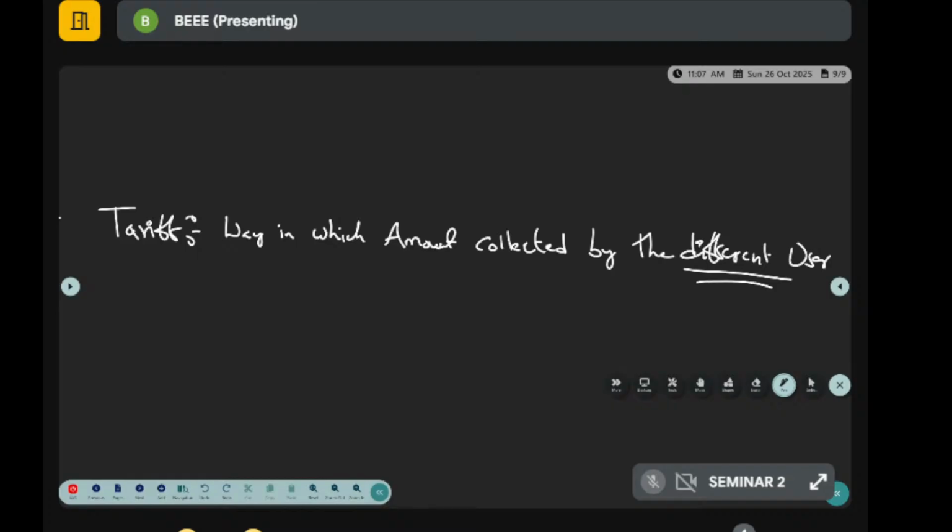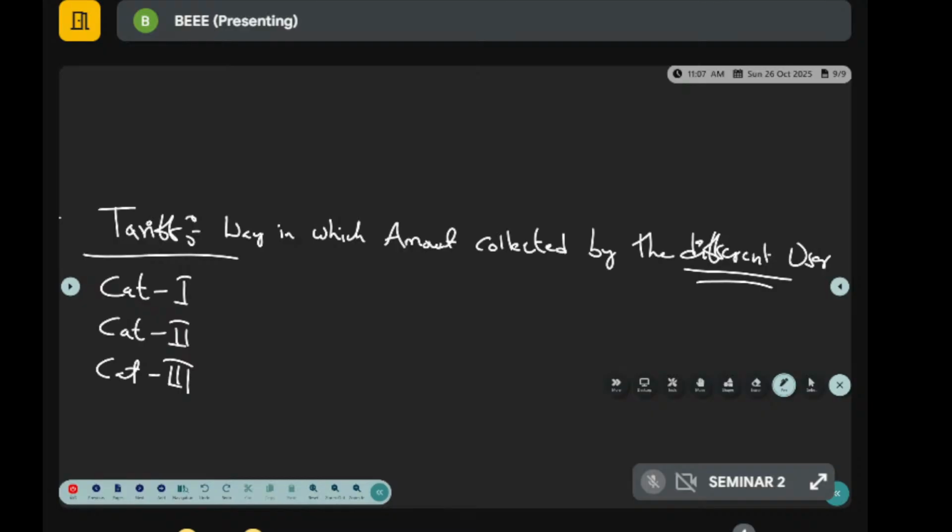Generally, these users can be categorized in 7 ways: category 1, category 2, category 3, category 4. Here the electrical department collects the amount from the different users. On what basis is it considered?